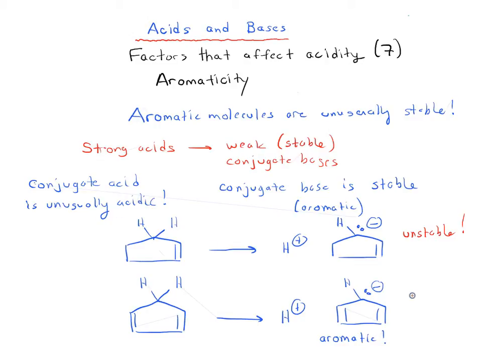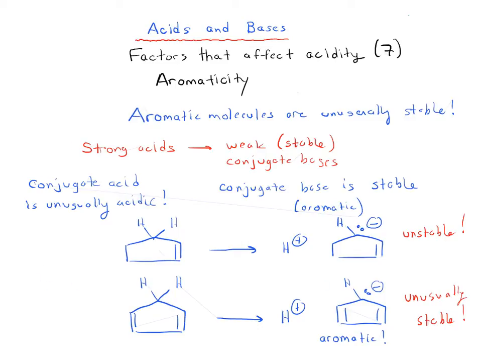So this conjugate base here is unusually stable. So how would we expect this to affect the acidity of these molecules on the left? Which of these 2 molecules do you think would be more acidic? The one that gives us this unstable conjugate base on the top, or the one that gives us the fairly stable conjugate base on the bottom?